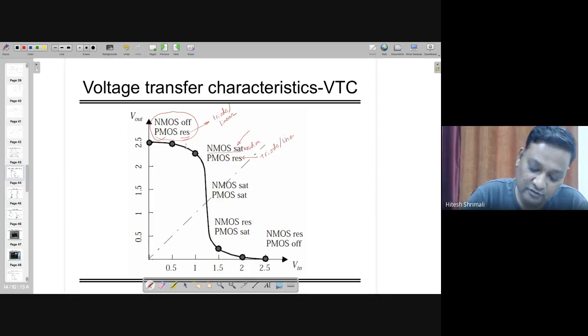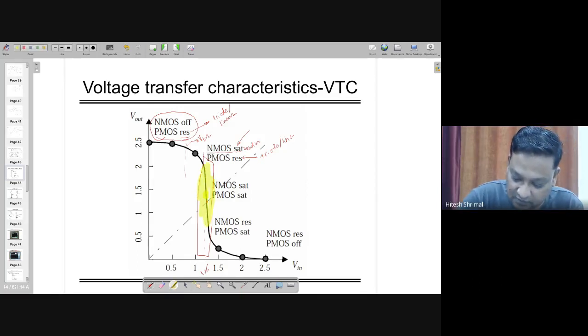So you have to go beyond the VTN. VTN refers to the threshold voltage of NMOS, right? If you go somewhere nearby VDD by 2, when your input is around 1.25 or so, you can see that a sharp transition is coming from this to this. This transition shows that both the transistors are in saturation mode.